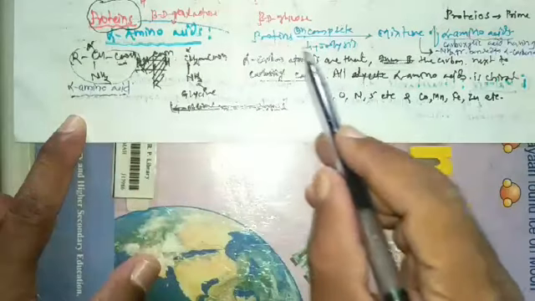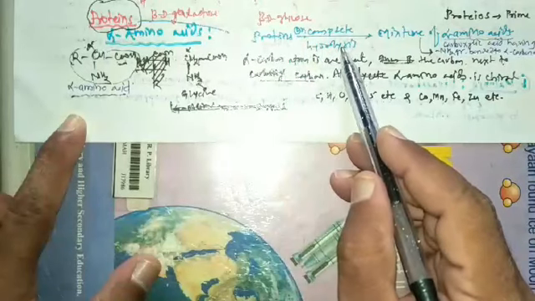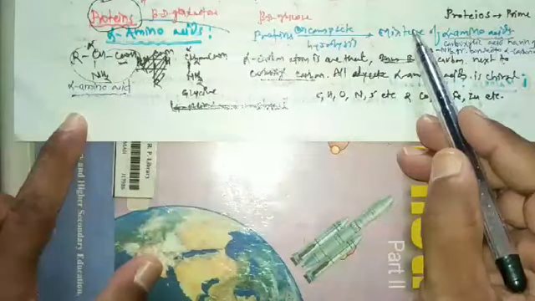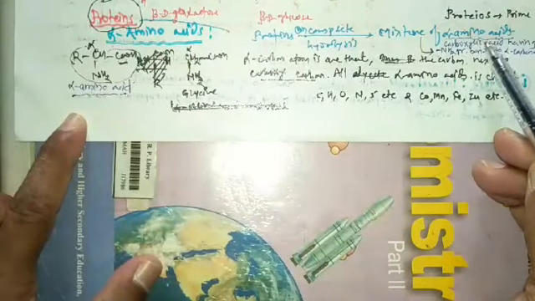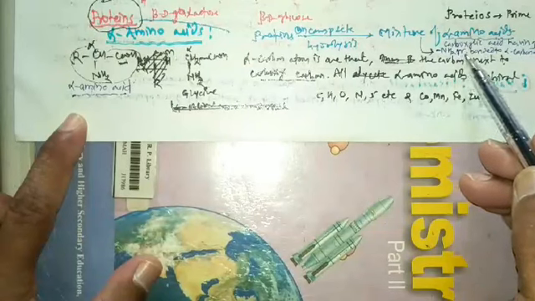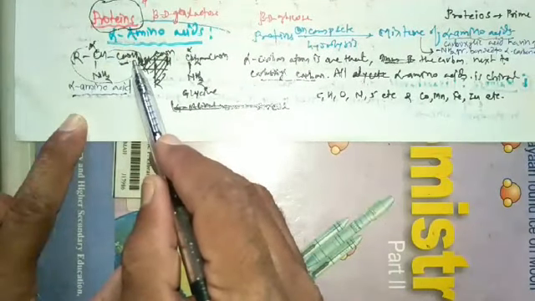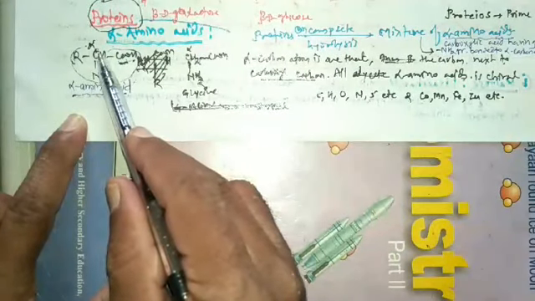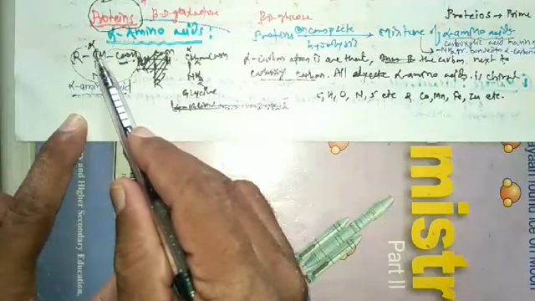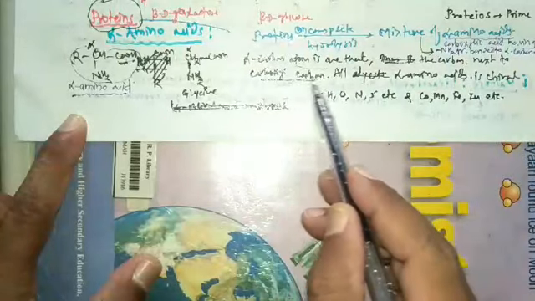See once again. Proteins on complete hydrolysis produce a mixture of alpha amino acids. Alpha amino acids are carboxylic acids in which the NH2 group is bonded to the alpha carbon atom, and this alpha carbon atom is the one that is next to the carboxyl carbon.